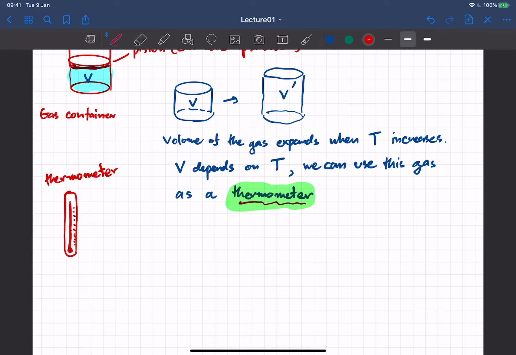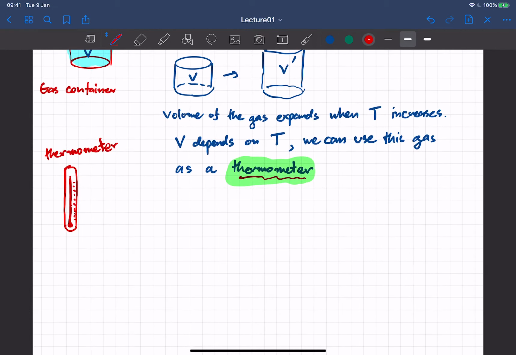So we have a thermometer, then we need to agree upon how we're gonna call the numbers of the thermometer. Like 0, what does it mean, 0 in temperature? We have to agree on that. So the easiest thing that we use is to define 0 degrees Celsius.